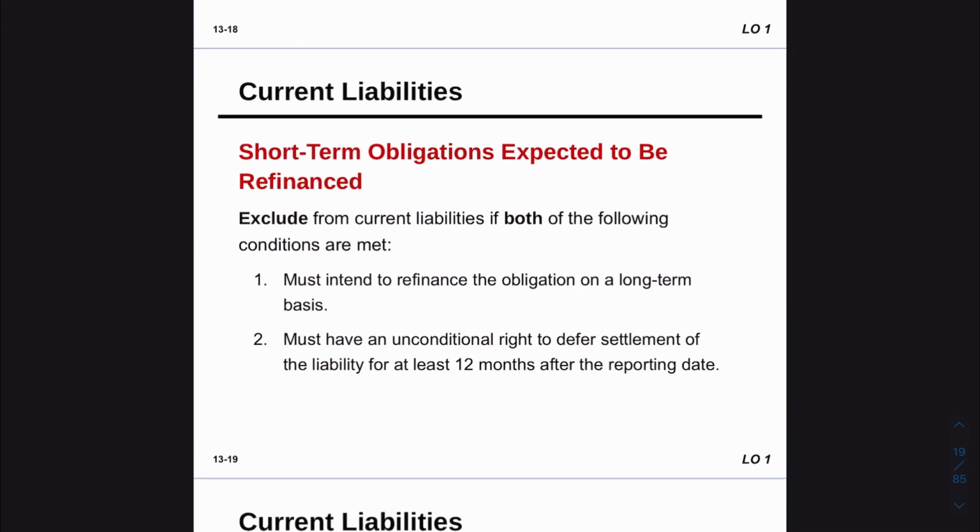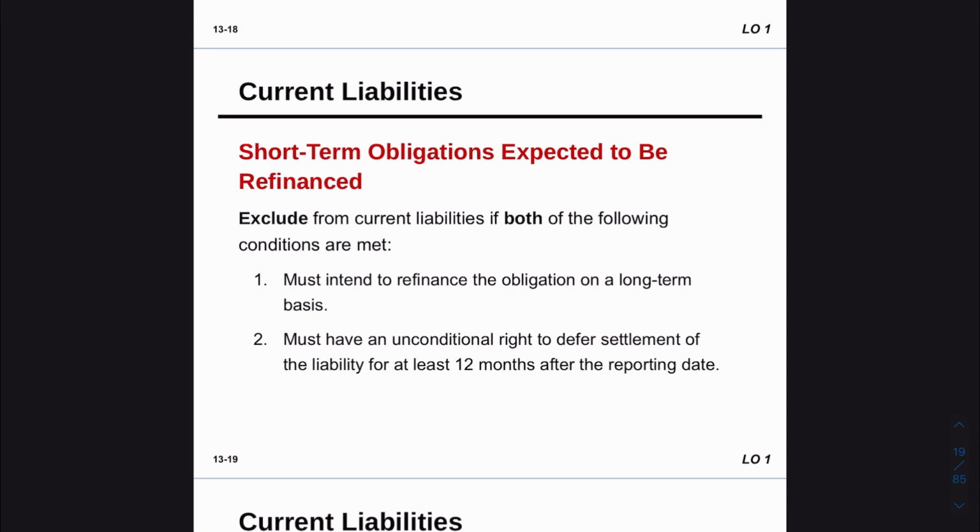And then we have short-term obligations expected to be refinanced. So we have some short-term obligation. It's going to be refinanced and it's considered as a current liability. But also we have two exceptions. The first scenario is that the company must intend to refinance the obligation on a long-term basis.